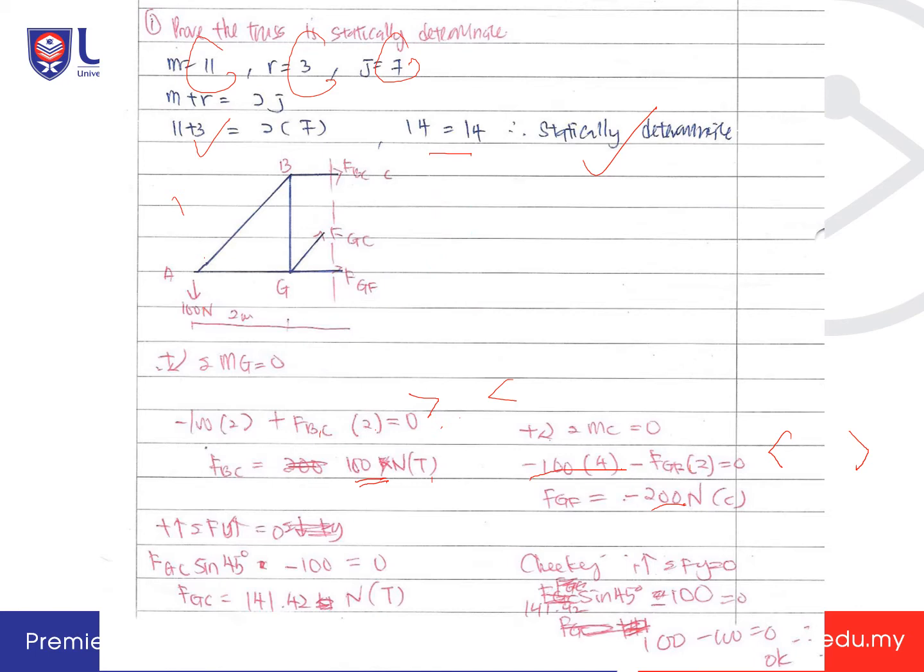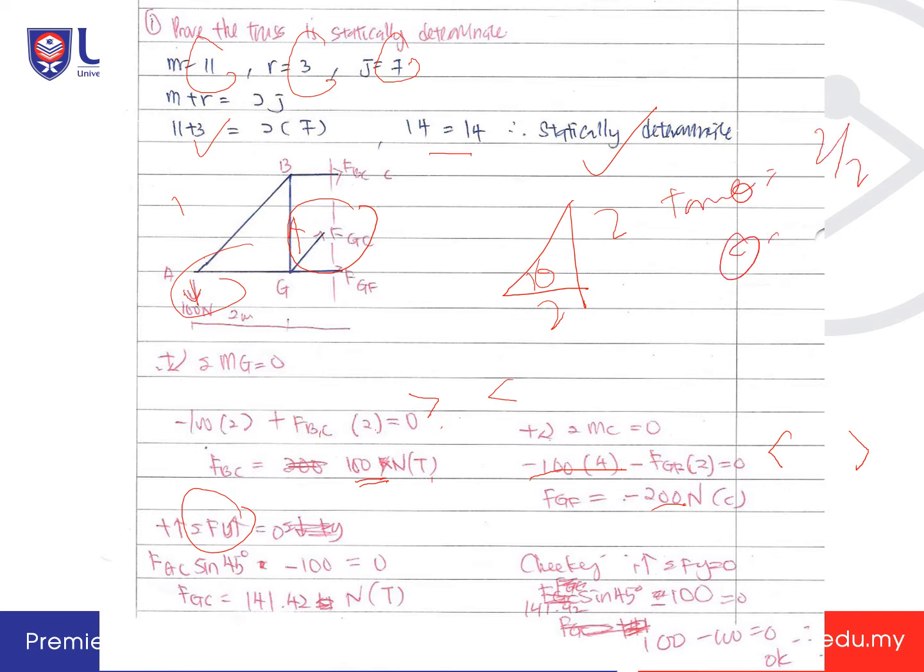Now we can use the equation total Fy equal to 0. You can see that you have this vertical force 100 kilonewton, and then you have this FGC, the component for the vertical force. For FGC, you can see that this is 2 meter, and this is theta. So tan theta equal to 2 over 2.